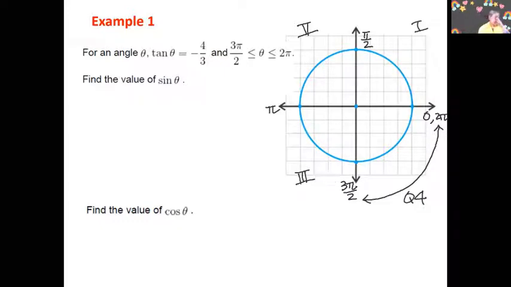Okay. Then again, tangent theta gives you -4/3 as the exact value, and the terminal side of whatever this angle theta is in quadrant 4. So now what we can utilize here is the reference angle that we learned in the previous semester.